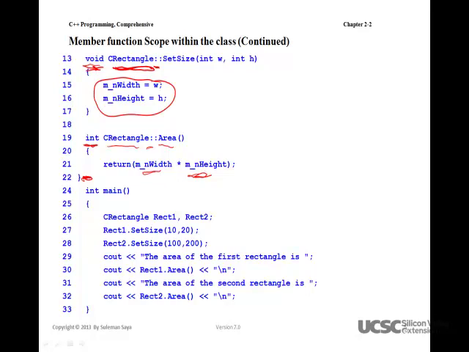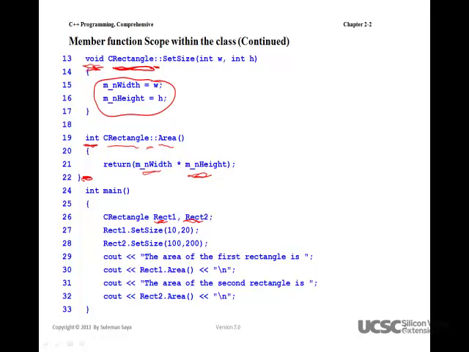And then at line number 24, the main function starts. So in the main function, notice that I have two objects, rec 1 and rec 2. So the two objects are created.